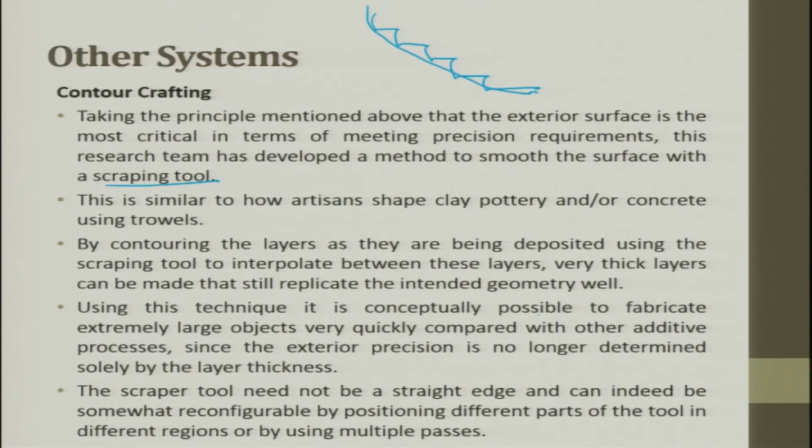Using this technique it is conceptually possible to fabricate extremely large bodies very quickly compared with the other additive processes. Since the exterior precision is no longer determined solely by the layer thickness, the scraper tool need not be straight edged and can indeed be somewhat reconfigurable by positioning different parts of the tool in different regions or by multiple passes. Basically, you are trying to smoothen the surface.